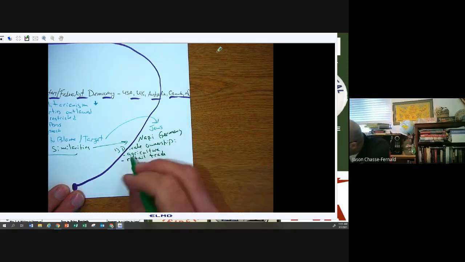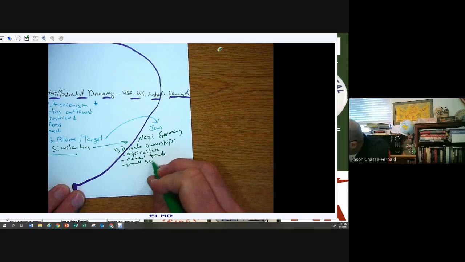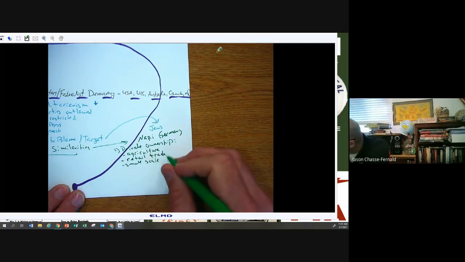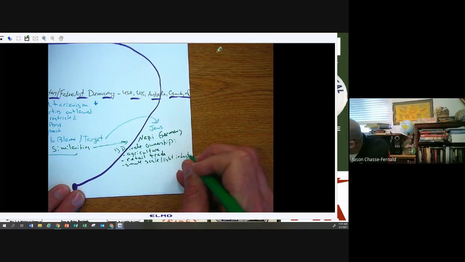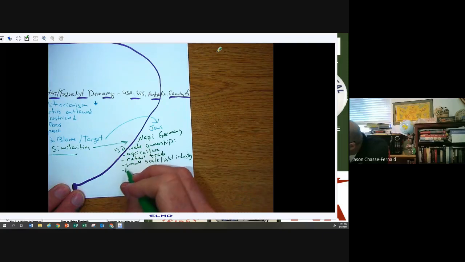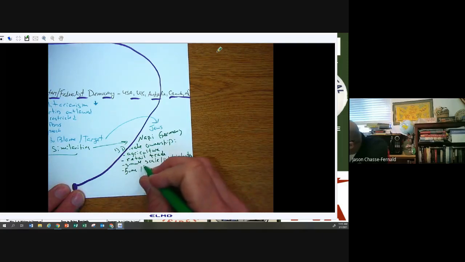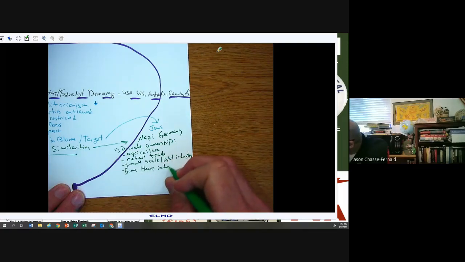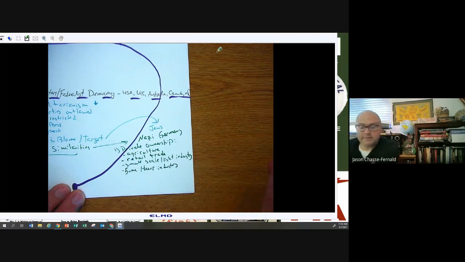We see private ownership of small scale light industry. And also we see some heavy industry, so chemicals and heavy manufacturing.